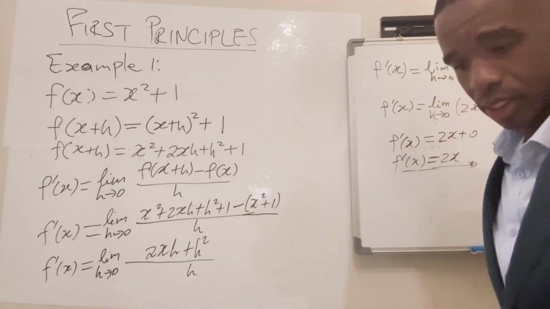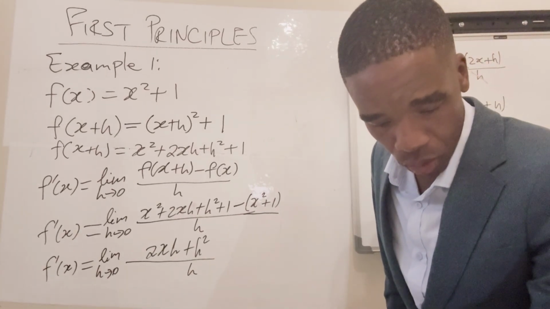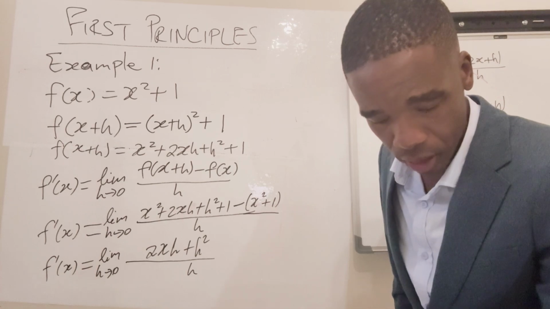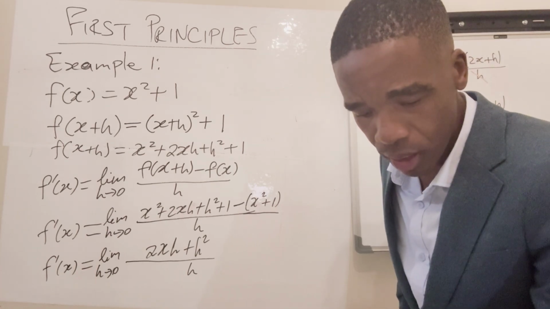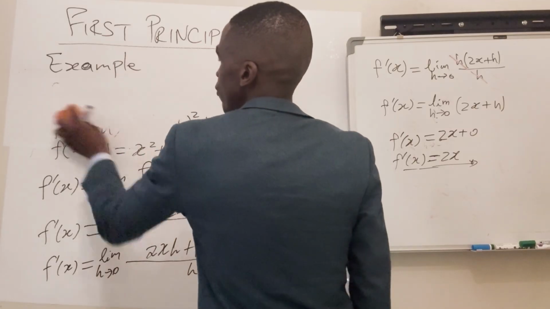That is one example that I would love to do with you on first principles. Let me look at another example on first principles. Let's look at the other 2 examples, or rather 3 if needs be.